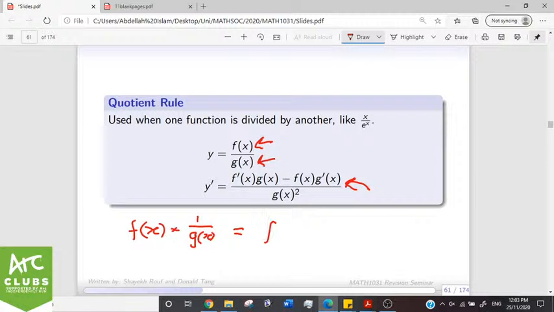So f dash x, and the derivative of the second one is minus 1 on g of x squared times g dash x, right? And then you also have to do the plus the other part, and it ends up looking exactly like this. So that's where it comes from.